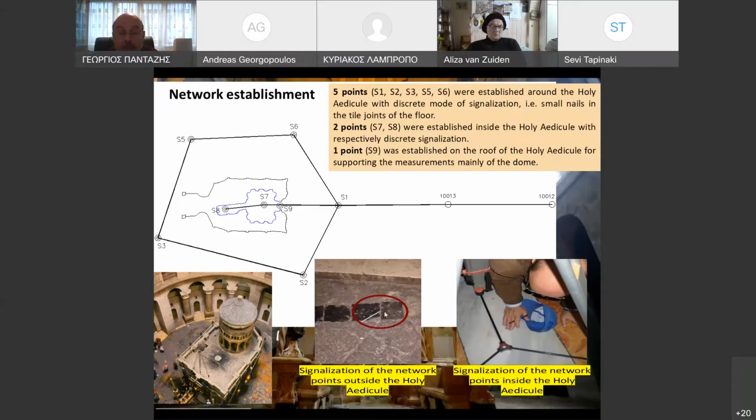This is the photograph of the network points outside of the Holy Edicula. 2 points were established in the internal space of the Holy Edicula by using an appropriate marker, and 1 point was established on the roof of the Holy Edicula in order to support mainly the dome's measurements.